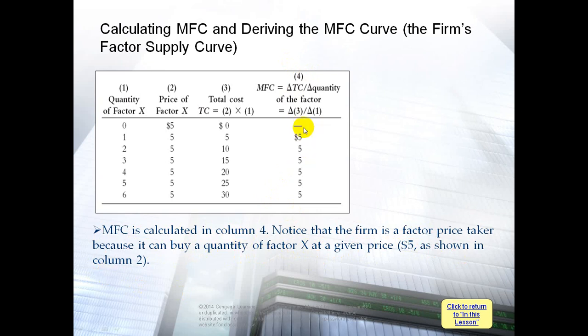So why here is marginal factor cost constant, the same? Because the price of the factor is constant.